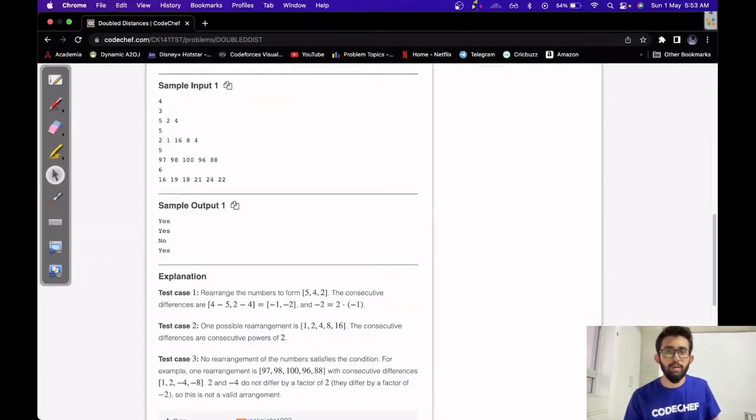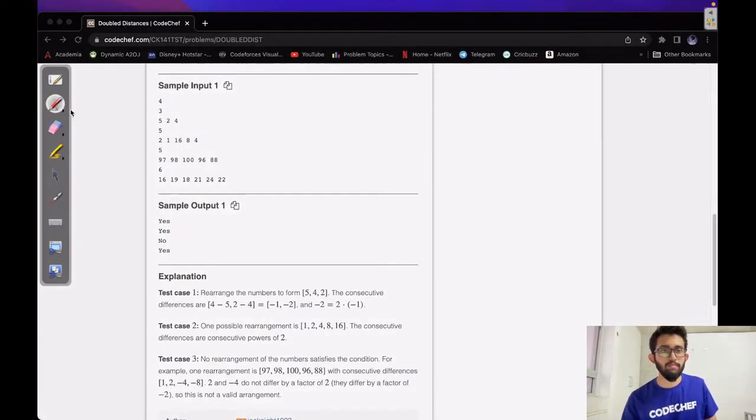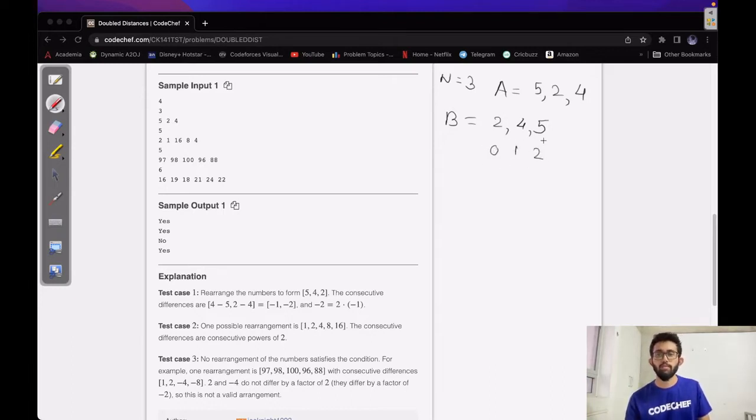Let's consider the sample test cases. So n is 3 and our array A is 5, 2, 4. Let array B be 2, 4, 5. So these are the indices of the positions.